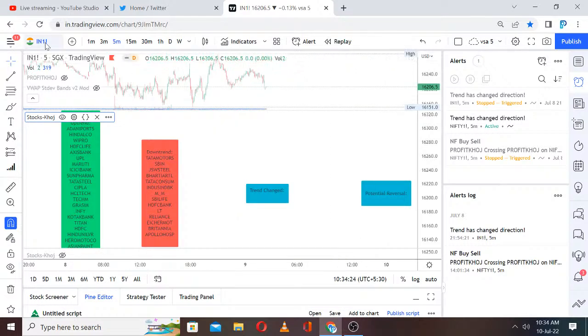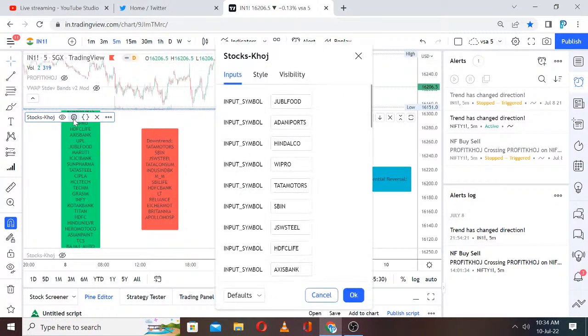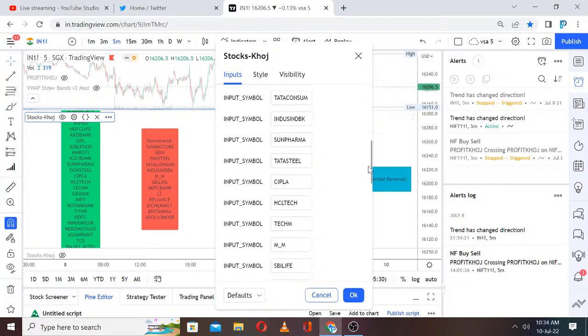Like you first check what is the ID of the Jubilant Food, JUBLFOOD. Okay, you want to change the stock, go to setting, change the stock to Jubilant Food. You can do this for everything.